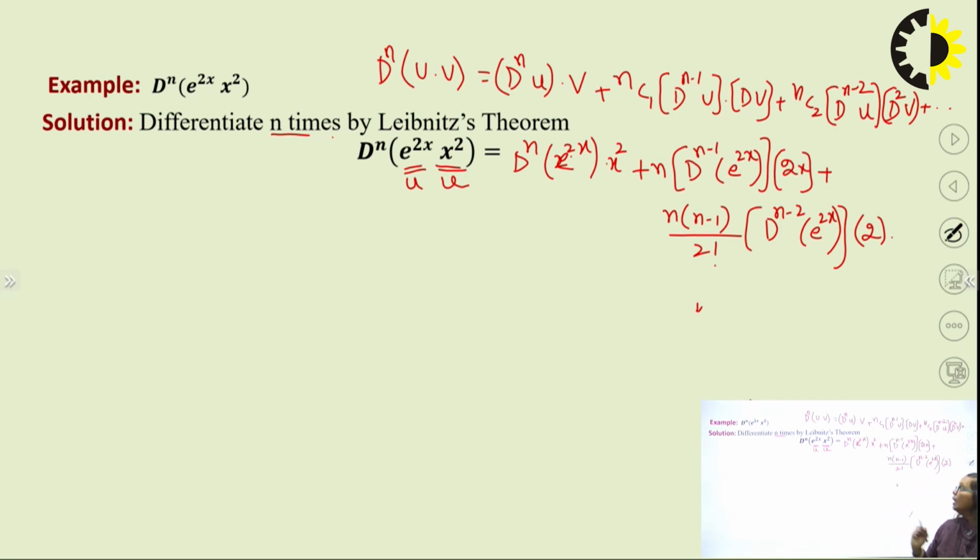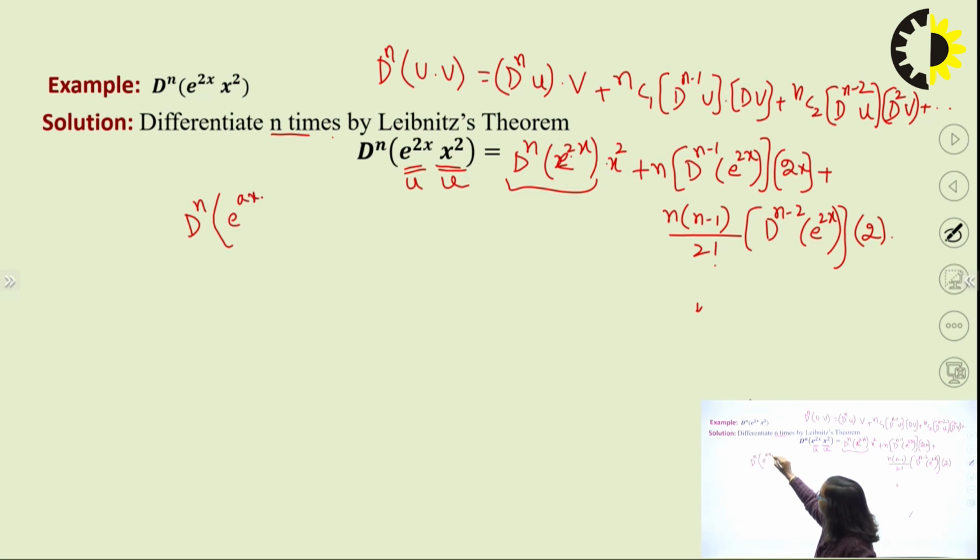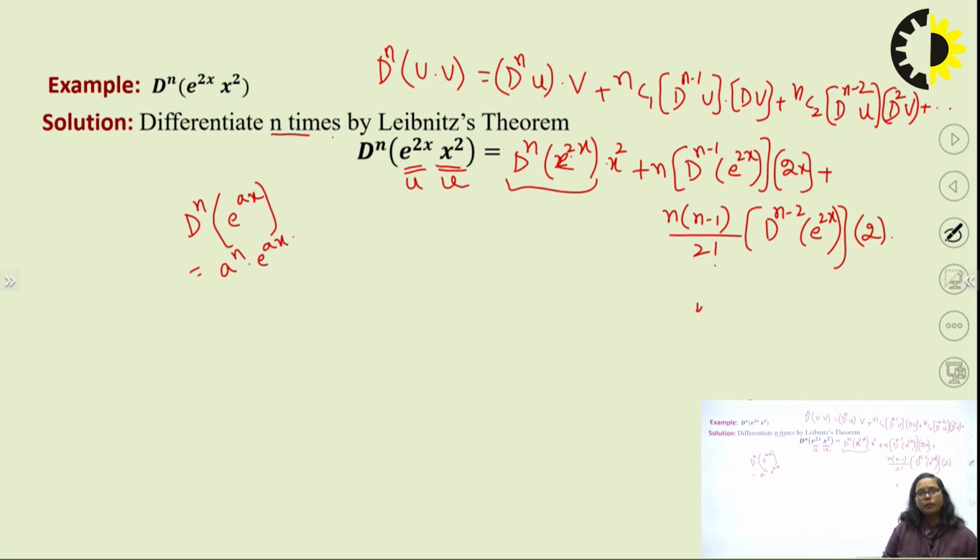And if I think about the next derivative of 2, that is 0, meaning the Leibniz theorem process stops here for this function. Now look at the value of the nth derivative of e to the power 2x. If you remember from successive differentiation, the nth derivative of e to the power ax is given by a to the power n into e to the power ax. So by this process, the nth derivative of e to the power 2x will become 2 to the power n into e to the power 2x into the function x square, plus the n minus 1th derivative of e to the power 2x, with n replaced by n minus 1.